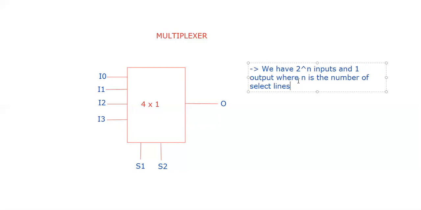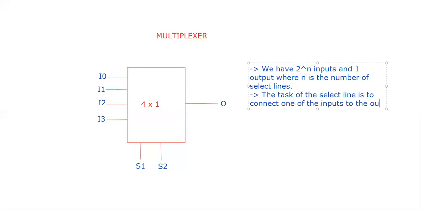Fine. Second point is the task of the select line is to connect one of the inputs to the output. It will just connect one of the inputs to the output.